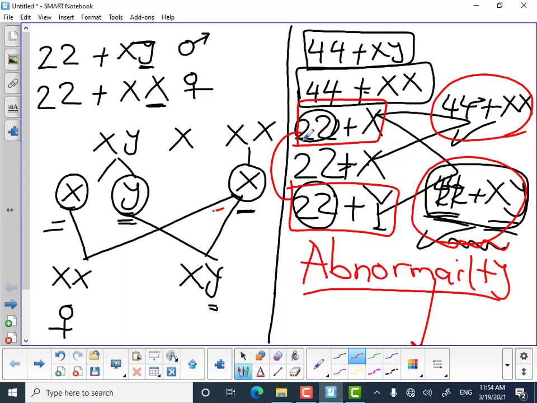This is normal meiosis division. Maybe sometimes abnormalities happen in the meiosis and the gametes will not be formed in equal cases. We said 2n is divided to n and n.